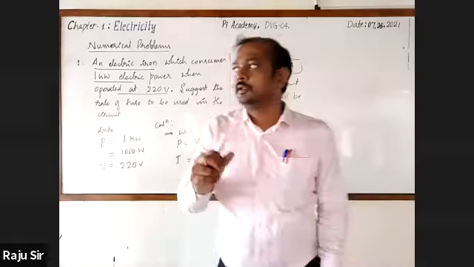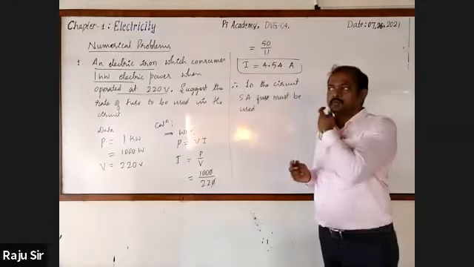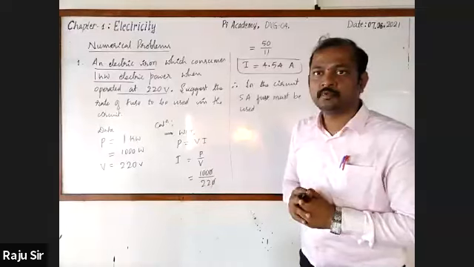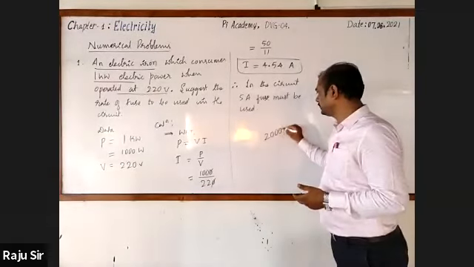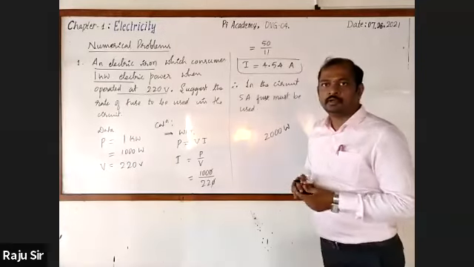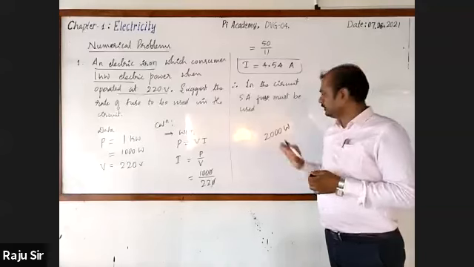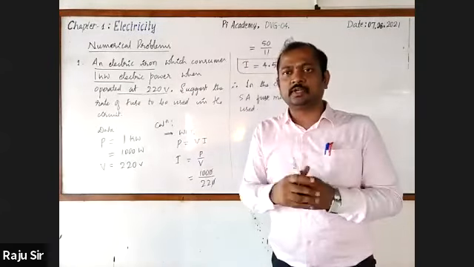ಈಗ ನಿಮ್ಗೆ ಒಂದು ಎಕ್ಸಾಂಪಲ್ ಹೇಳ್ತೀನಿ. Suppose we are using a washing machine. Its power is 2000 watt ಅಂತ. It is obviously also in the domestic wiring.